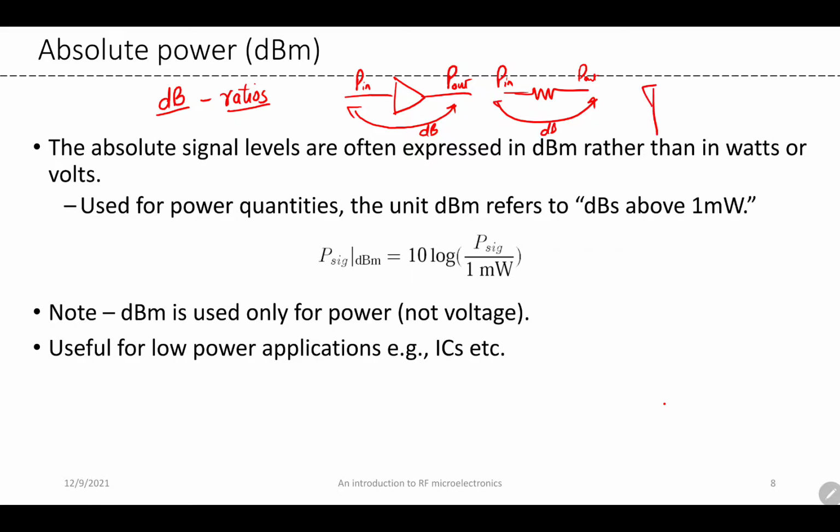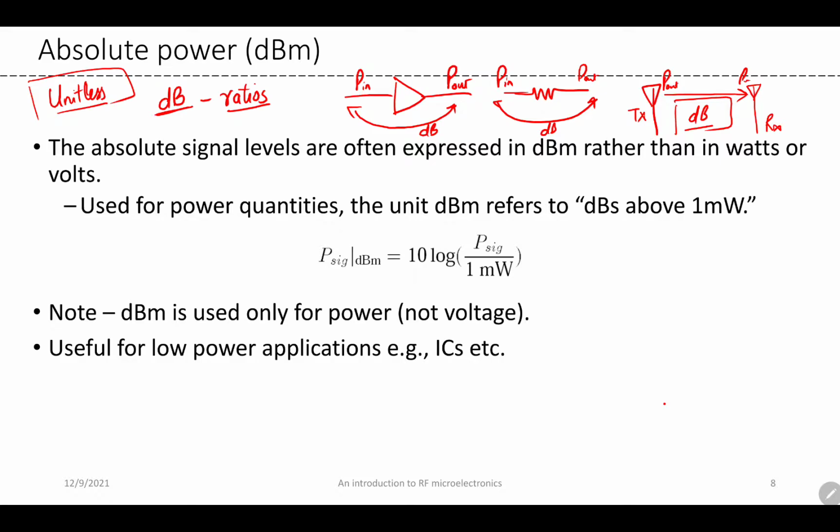Or you have a transmission antenna and a receiver antenna. Then you talk about the ratio of P out and P in in terms of dBs. But dB is always used for a ratio, not a number itself. It's just a ratio. It is a unitless quantity. So dBs are unitless. dB is just a ratio.